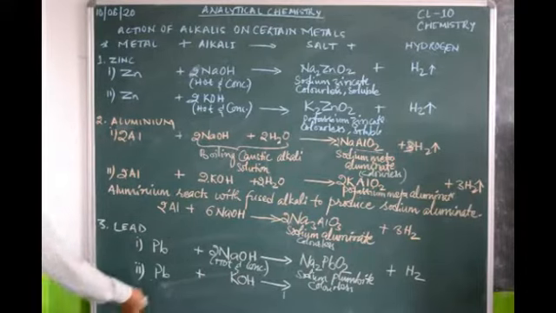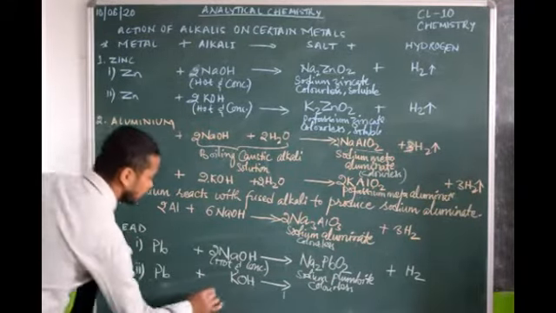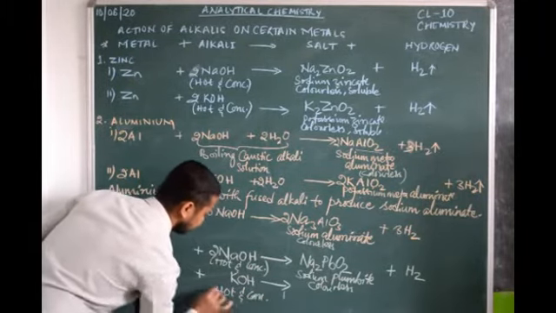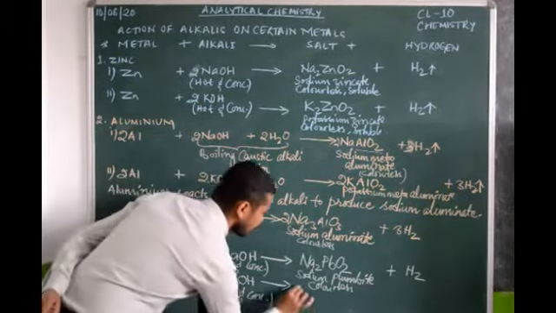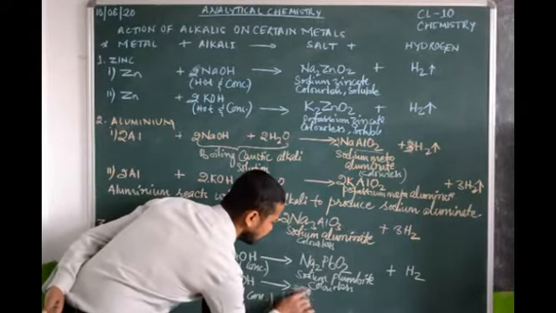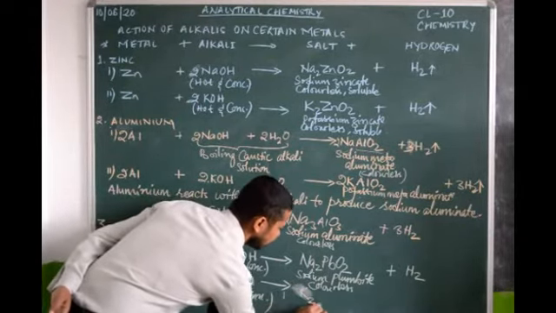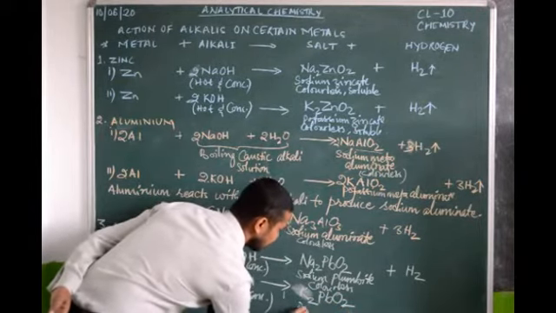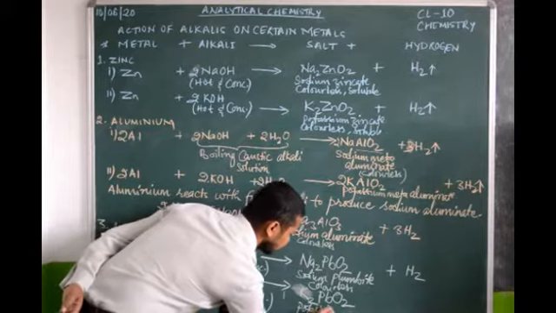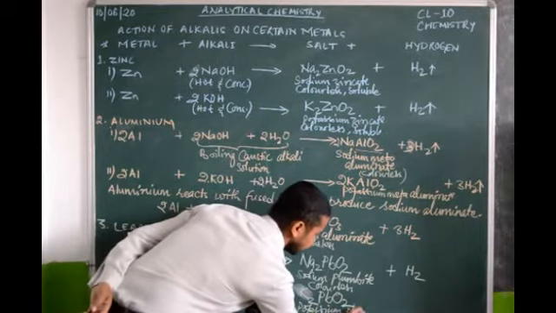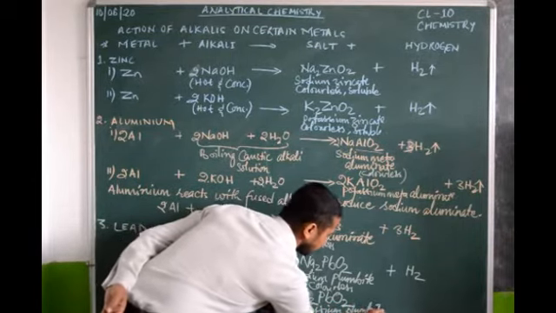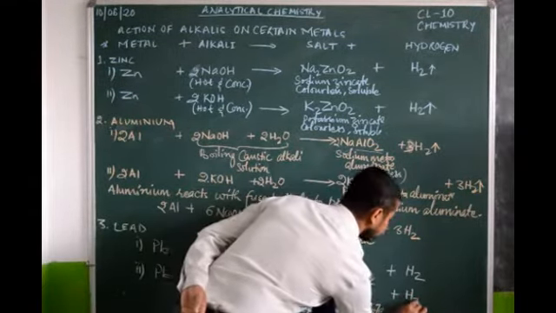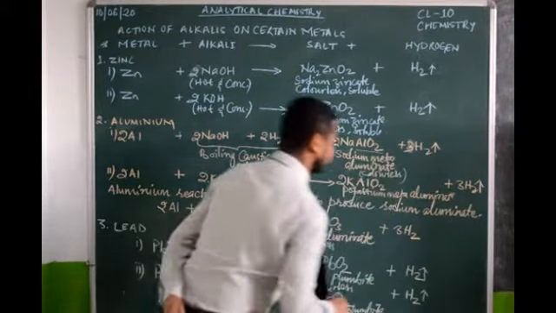Now when lead reacts with potassium hydroxide, it also should be hot and concentrated. Then it gives potassium plumbite plus hydrogen gas.